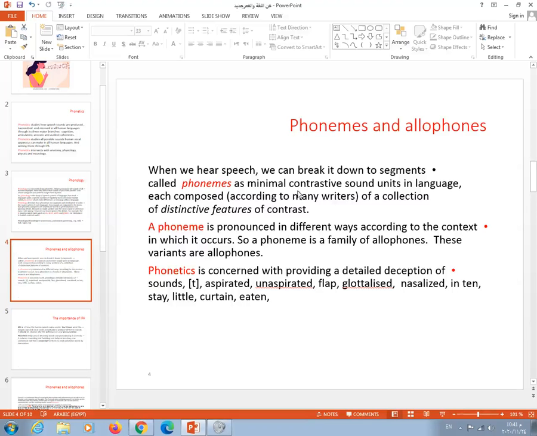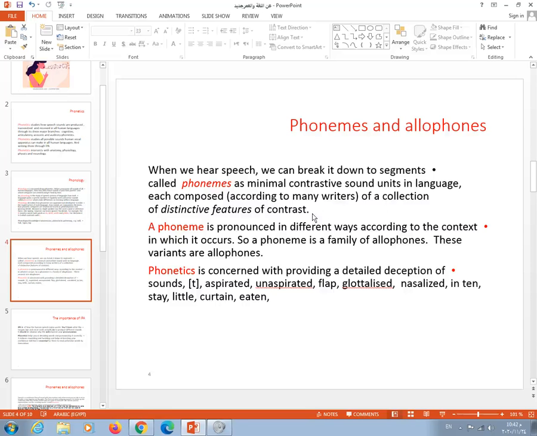Phonemes are the minimal contrastive sound units in language, and each phoneme, whether vowel or consonant, is composed of a collection of distinct features of contrast. For example, the phoneme b, you can say it's bilabial, it's a stop consonant, it's a voiced consonant, and so on.